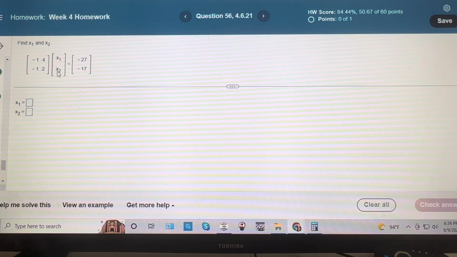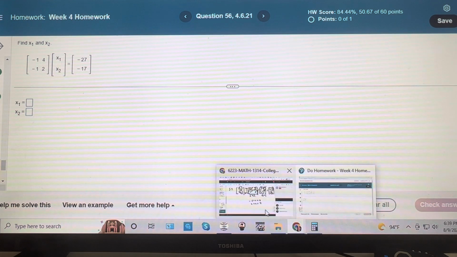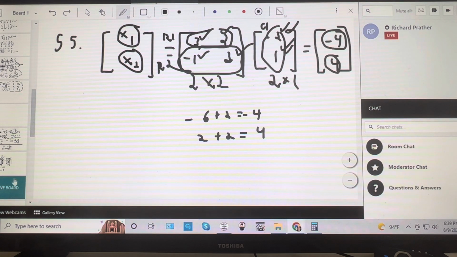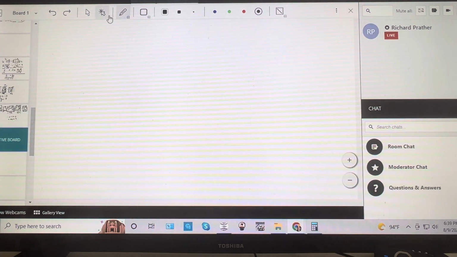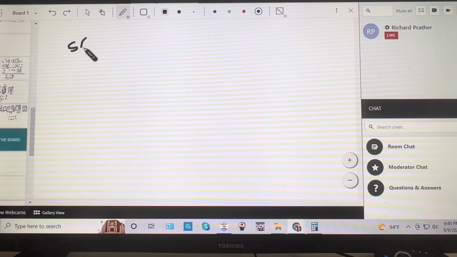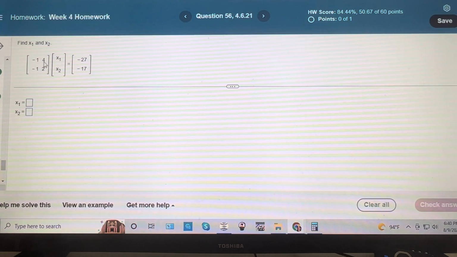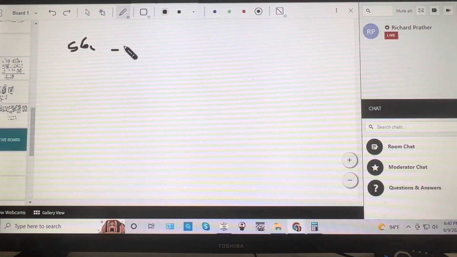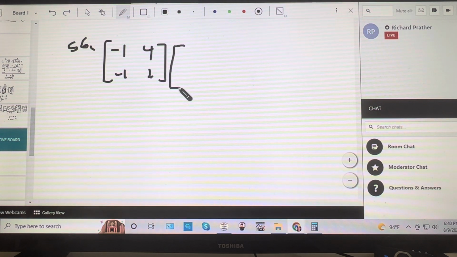But if they're here, they're in a different slot now. So now you're better off just writing this as a system and solving it. So negative 1, 4, negative 1, 2. And again, you can think of this as x and y, or x1 and x2. That's synonymous.